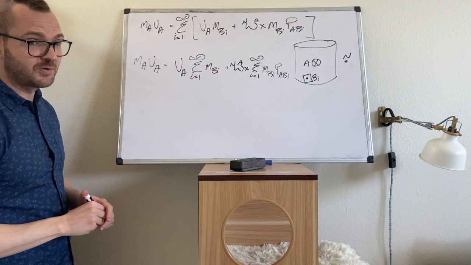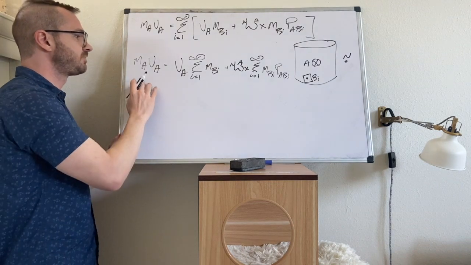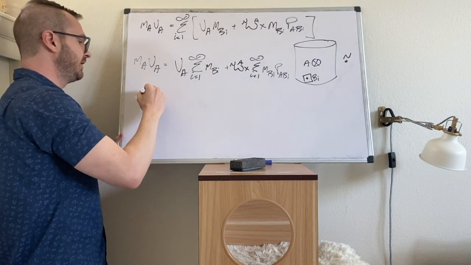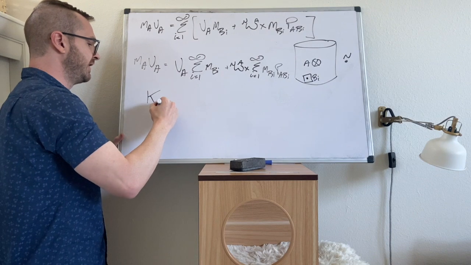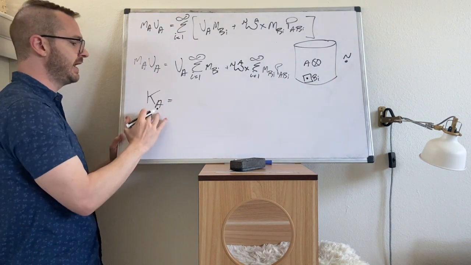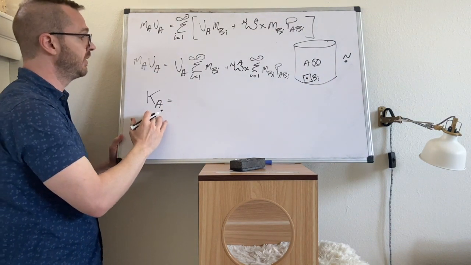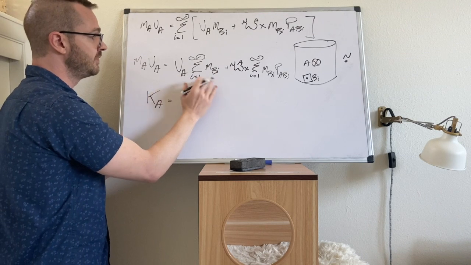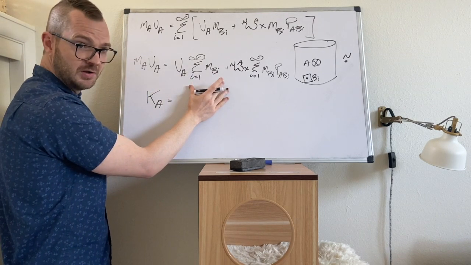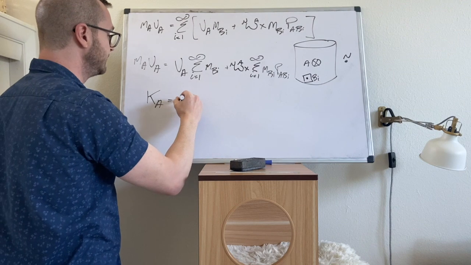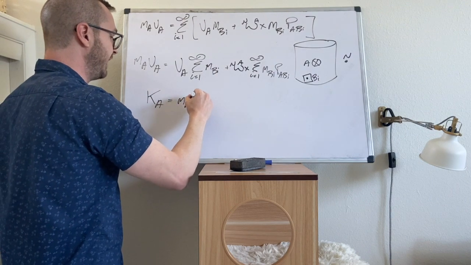So what are we going to do with this equation? Well, the left-hand side, I'm going to write that as KA. We know that MAVA is linear momentum, K sub A. The first term, the infinite summation of all the little B sub i masses, well, that's just MA.